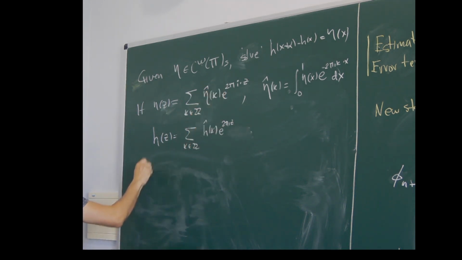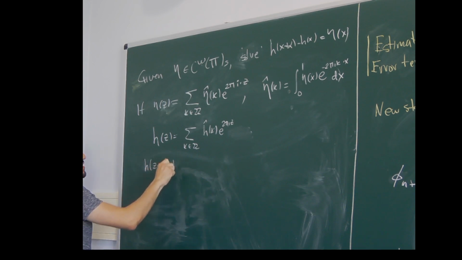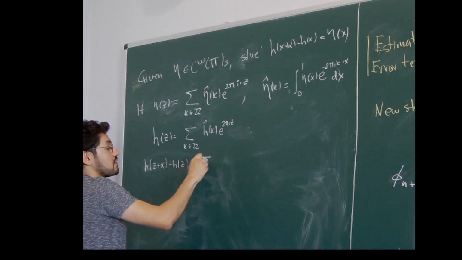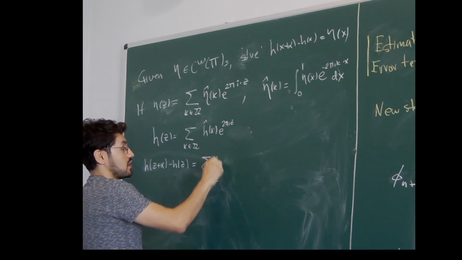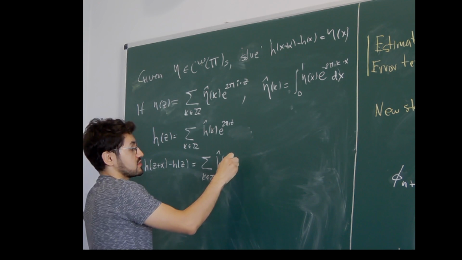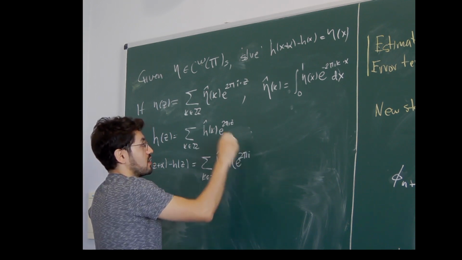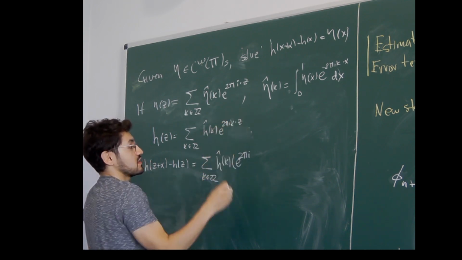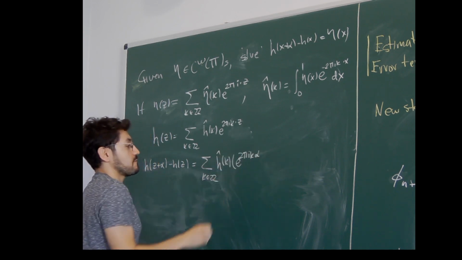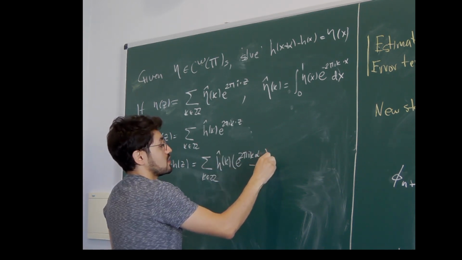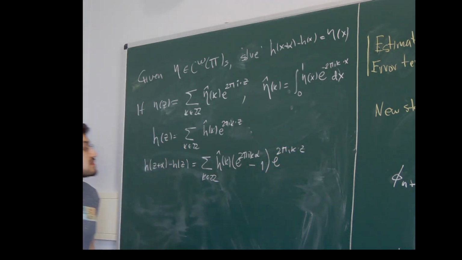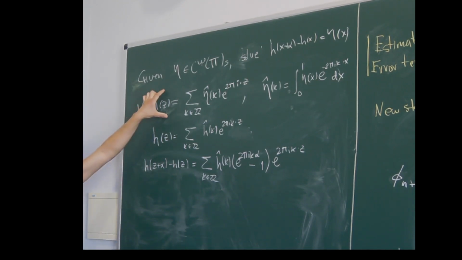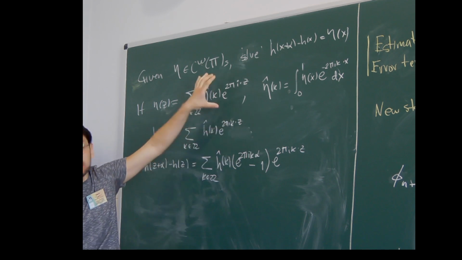So h(z + alpha) - h(z), its Fourier coefficient will be of the form h_k times (exponential of 2 pi i k alpha minus 1) times exponential of 2 pi i k z. And all that I want is to have this one equal to this one.